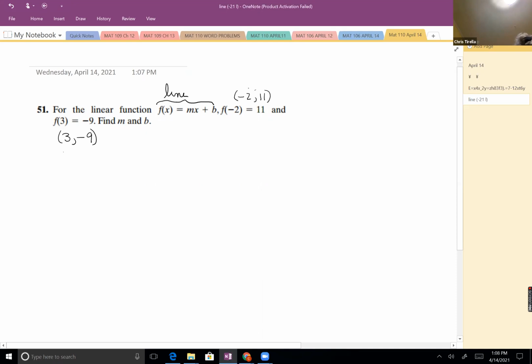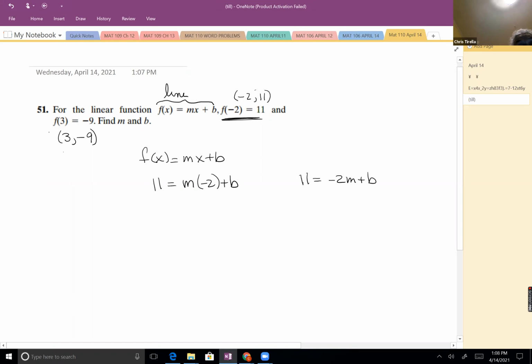Last unit, we did that by finding the slope between the points and using the point slope formula. Let's approach this as looking at a system of equations. If f of x equals mx plus b, when I use this first one, f of x is 11 when x is -2, or I get 11 equals -2m plus b.